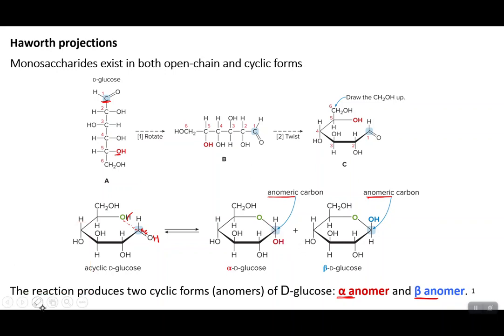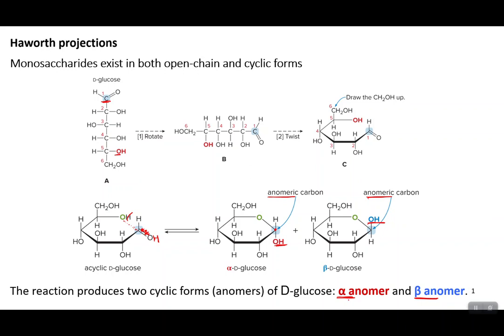Now you have a cyclic structure, but when you break this double bond in this carbonyl group, you have the option of placing your new OH group either below the ring, relative to the ring on this carbon, or above the ring, shown in blue here. And whether you place it below the ring or above the ring, that is where the term alpha or beta anomer will come in. They will define which one is which.